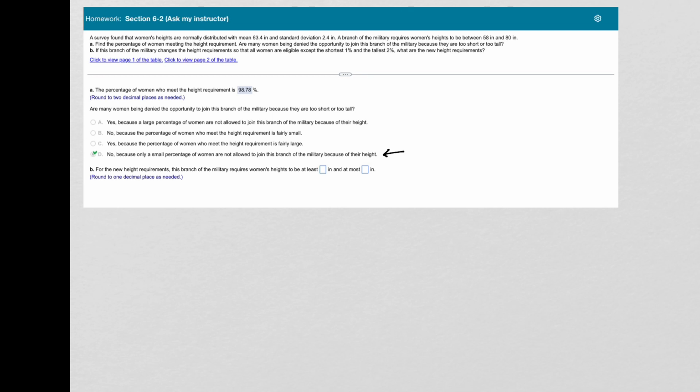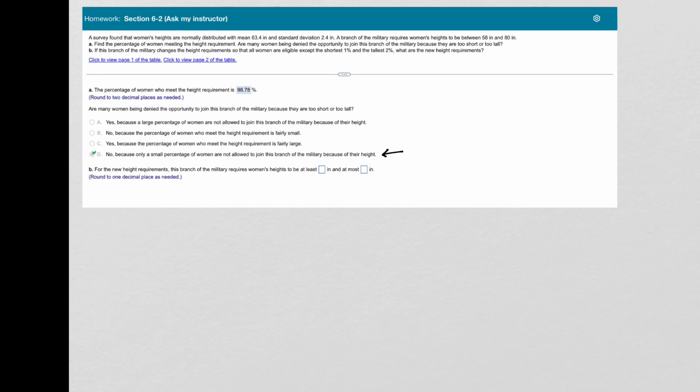So now in Part B it says, for the new height requirements, the branch of the military requires women's heights to be at least what? Let's see. So our new height requirements, we are going to allow everyone but the shortest 1% and the tallest 2%. So let's look at our distribution again.